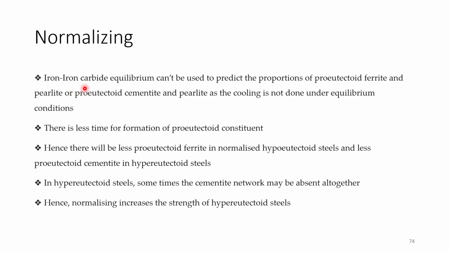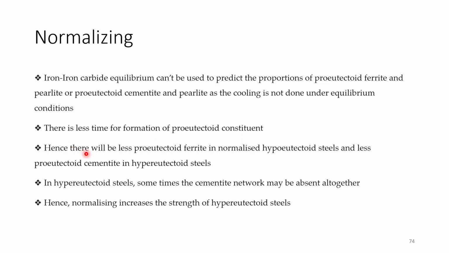In the case of iron, the iron-iron carbide equilibrium diagram can't be used to predict the proportions of pro-eutectoid ferrite and pearlite, or pro-eutectoid cementite and pearlite, as the cooling is not done under equilibrium conditions, and there is less time for formation of the pro-eutectoid constituent.